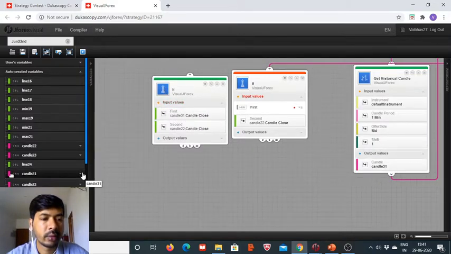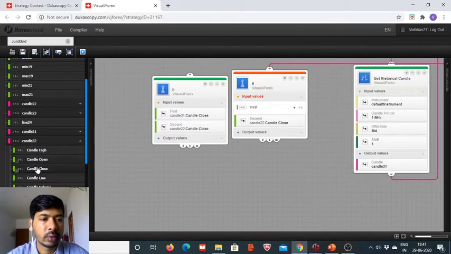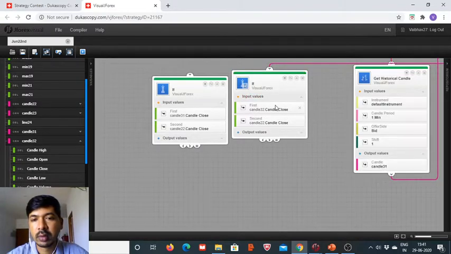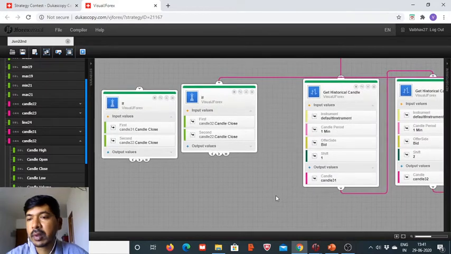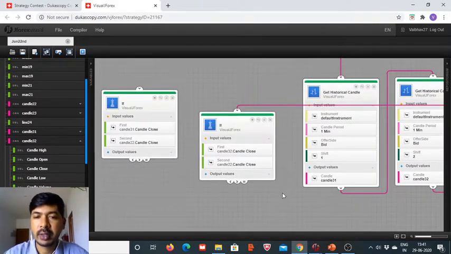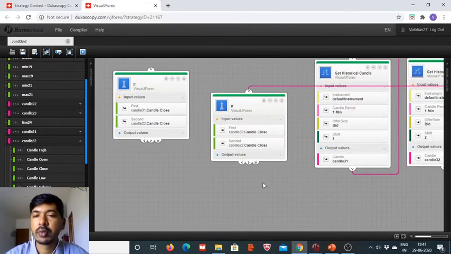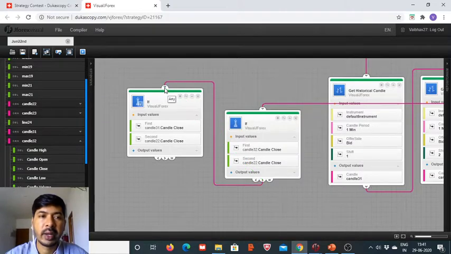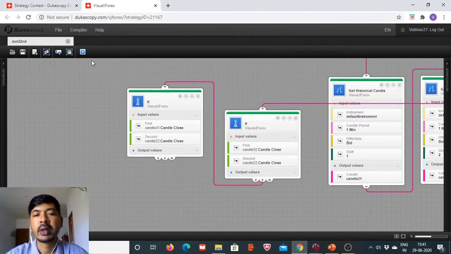and then we have to take into account candle 32's close, and here it is. So we have defined this requirement as well: candle 32's close should have been above candle 22's close, whereas candle 31's close is going to be below candle 22.